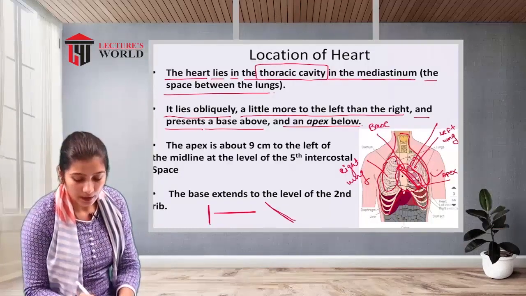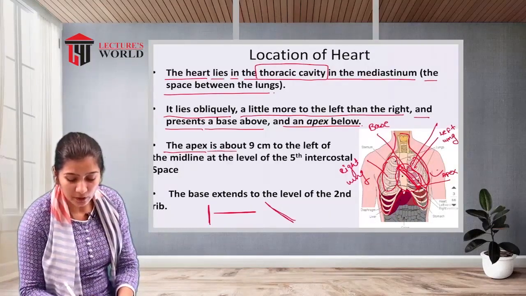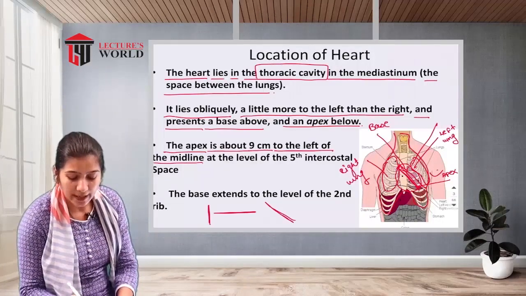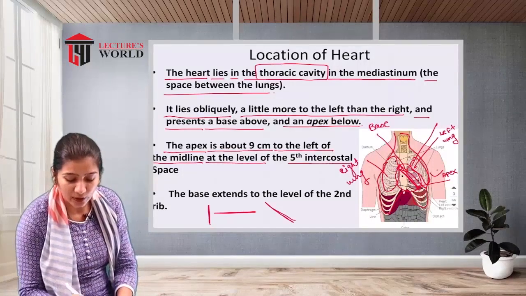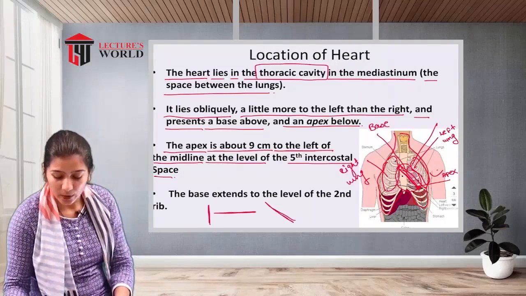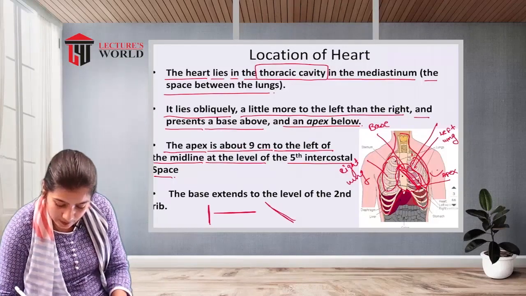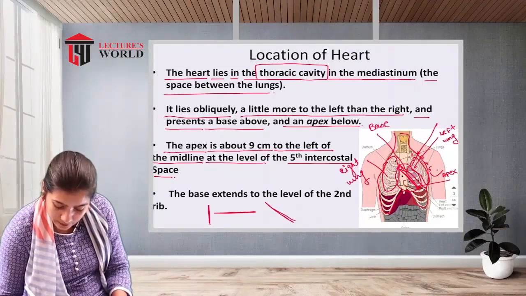The apex is about 9 cm to the left of the midline at the level of the fifth intercostal space. You can see over here, this is the first intercostal space, this is the second, third, fourth and fifth.